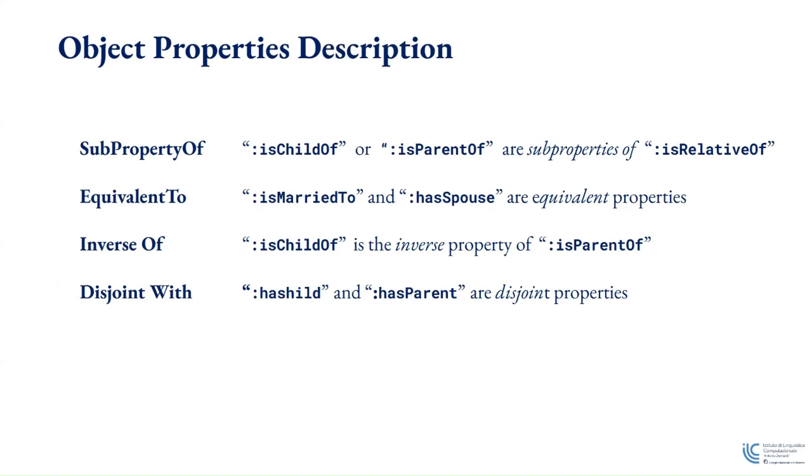And we have also the possibility to use disjoint with. So, for example, has child and has parent are disjoint properties, just to describe the properties of the relations between the individuals, between the instances.